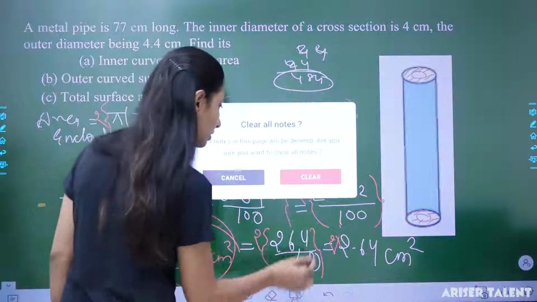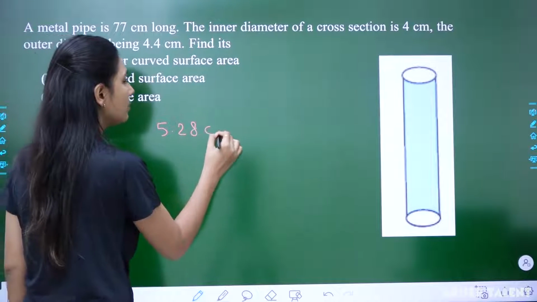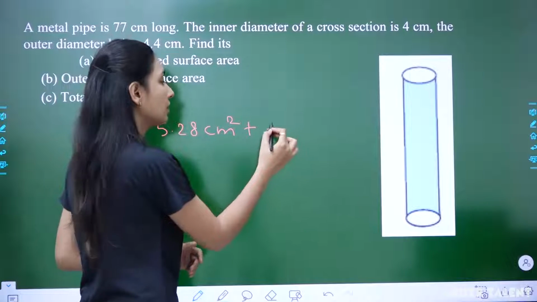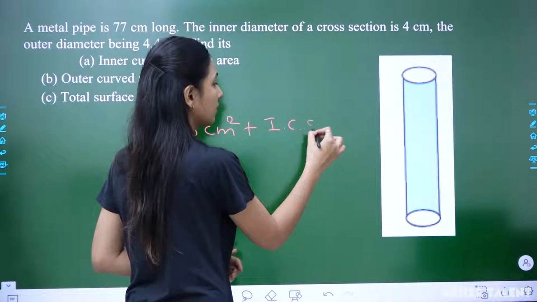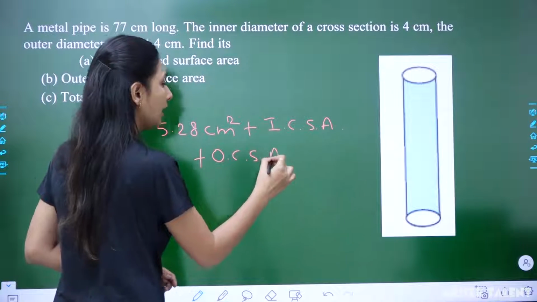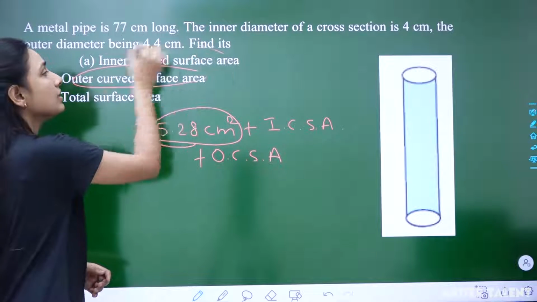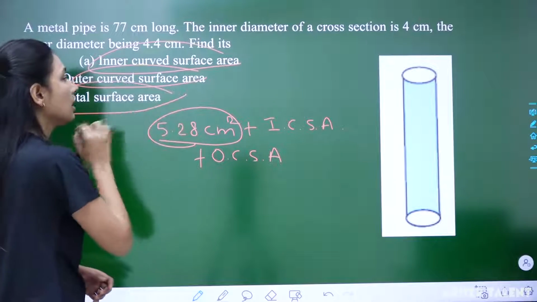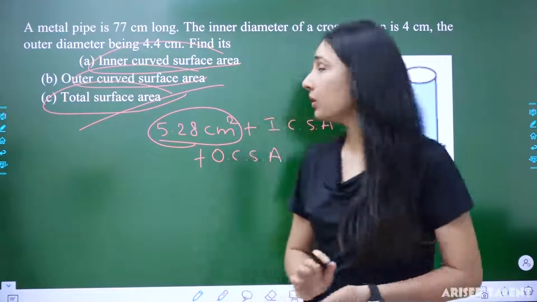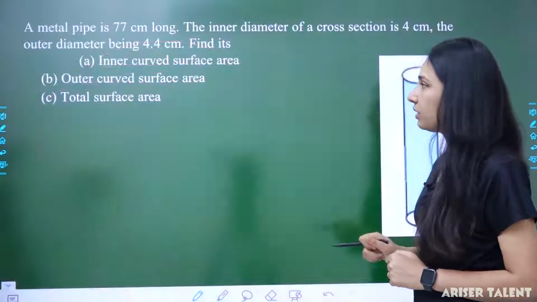So, this is 5.28 centimeter square plus inner curved surface area plus outer curved surface area. That means this answer plus this answer plus this answer will give you the total surface area. Now, do the addition by your own. Okay, so this is the method to solve this question.